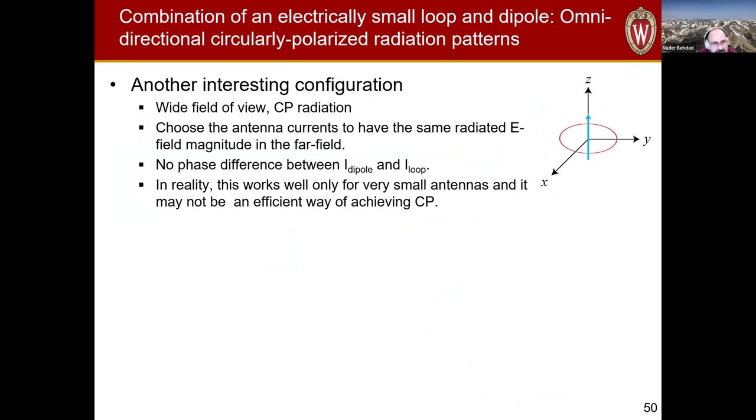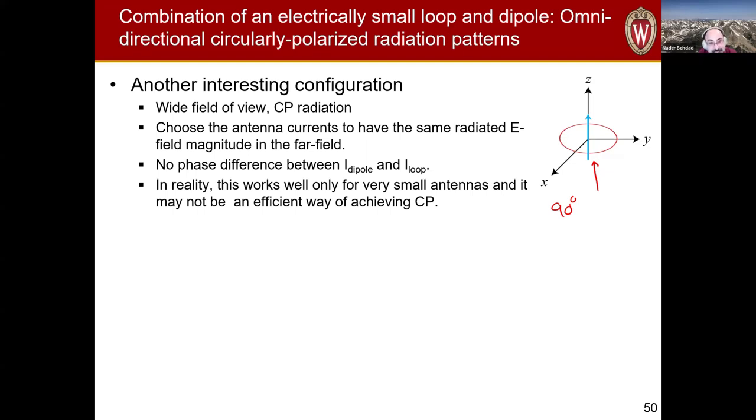A side note on combining the radiation patterns of loop and dipole antennas is that the radiated fields of an electrically small dipole and an electrically small loop are 90-degree phase shifted with respect to each other in every direction of space.